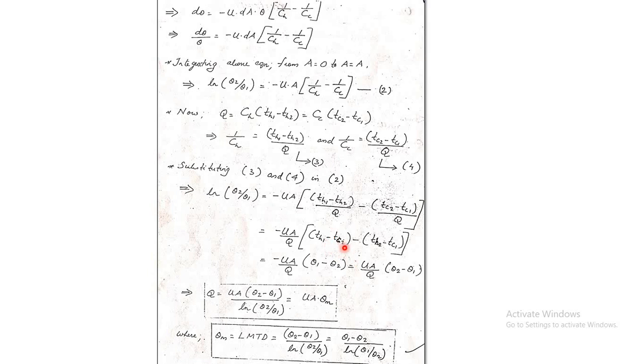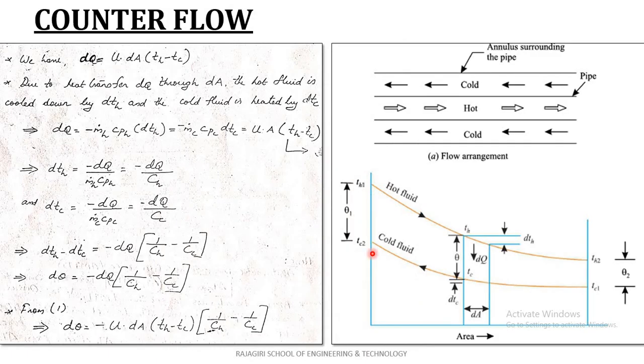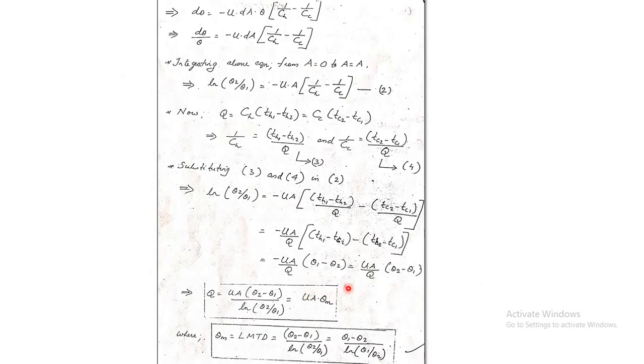Th1 minus Tc2, that is theta 1, considering this temperature profile graph, theta 1 and theta 2. We will get theta 1 and theta 2 within the bracket. So Th1 minus Tc2 is theta 1. Arrange that, Th1 minus Tc2.